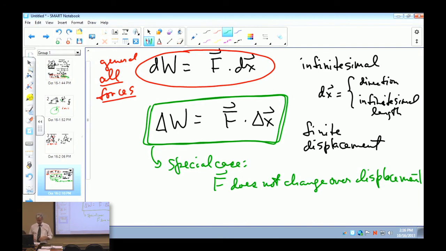Okay. And in all of these cases that you were doing in the worksheet on work, they were always forces that did not change with displacement. And all of the examples we'll be doing in this chapter are like that. When we get to the next chapter, it will be changing with location.